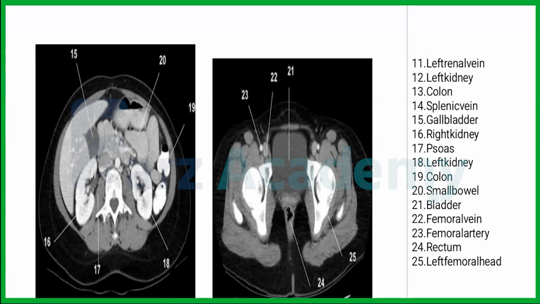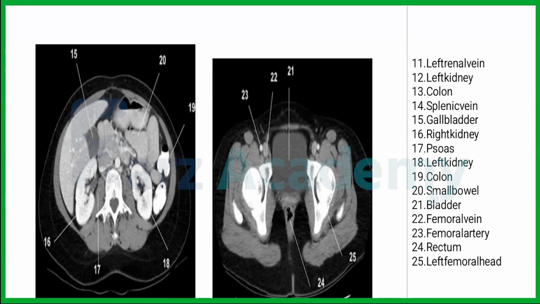So you have to have the basic idea, and I will suggest that every day you try to see your patient's abdominal CT, so you will have an anatomical idea about the CT abdomen.